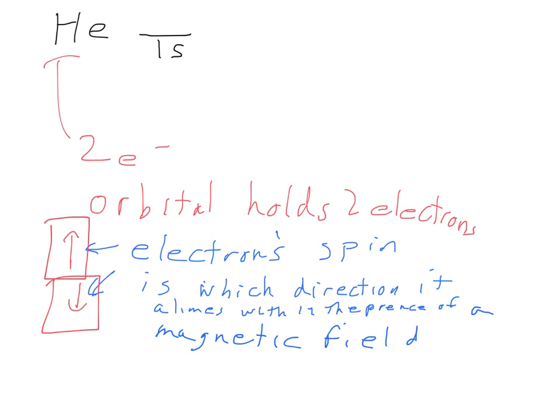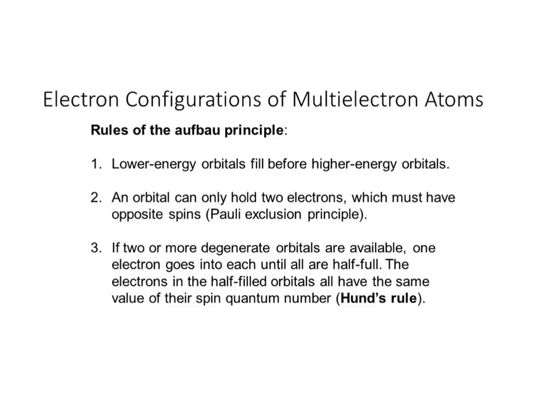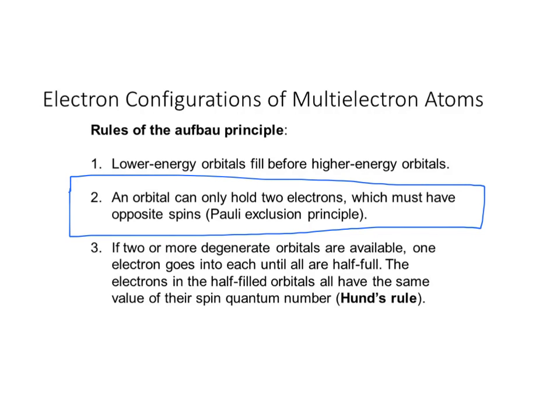According to Pauli and our Pauli exclusion principle, an orbital can only have 2 electrons, and electrons occupying the same orbital have to have opposite spins. Matter of fact, it goes on beyond that.